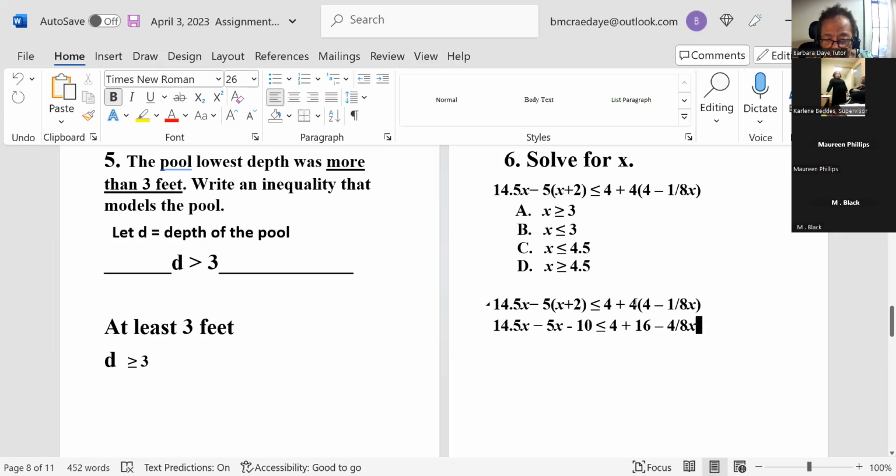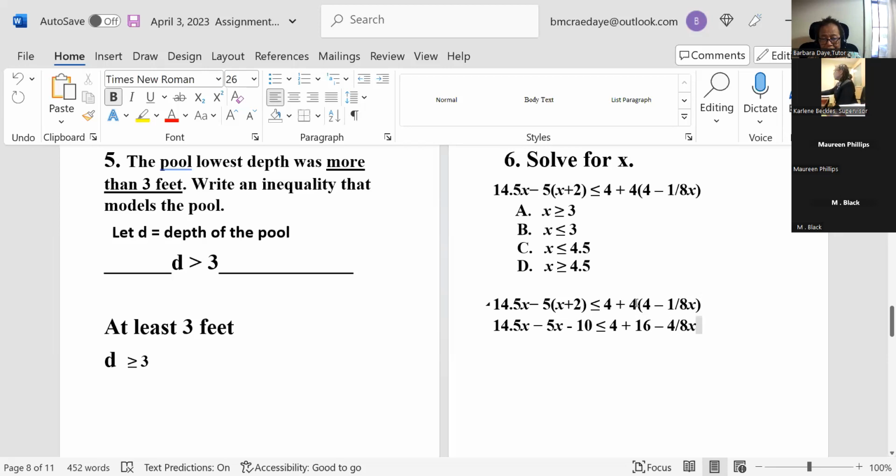Okay. But remember, this is 4 over 1. So the denominator 1 times the denominator 8x is just 8x, and that minus applies to both the 4 and the 8x, right? I did all of the rest.